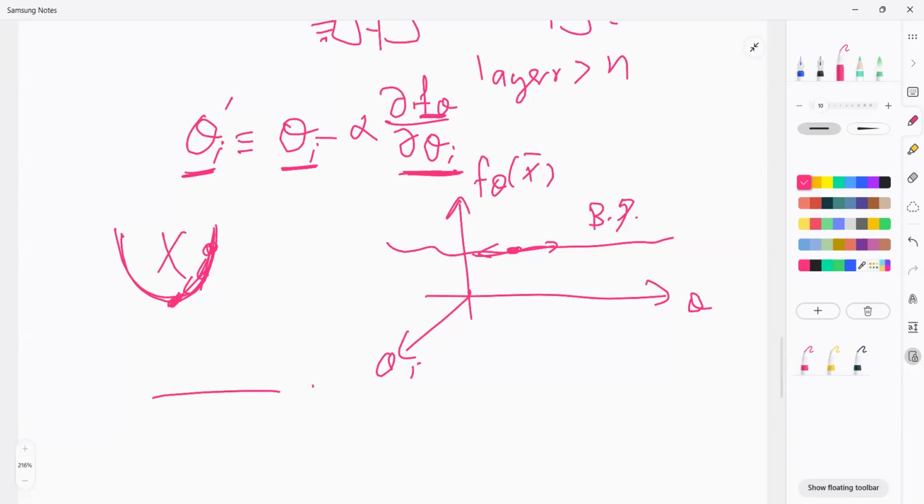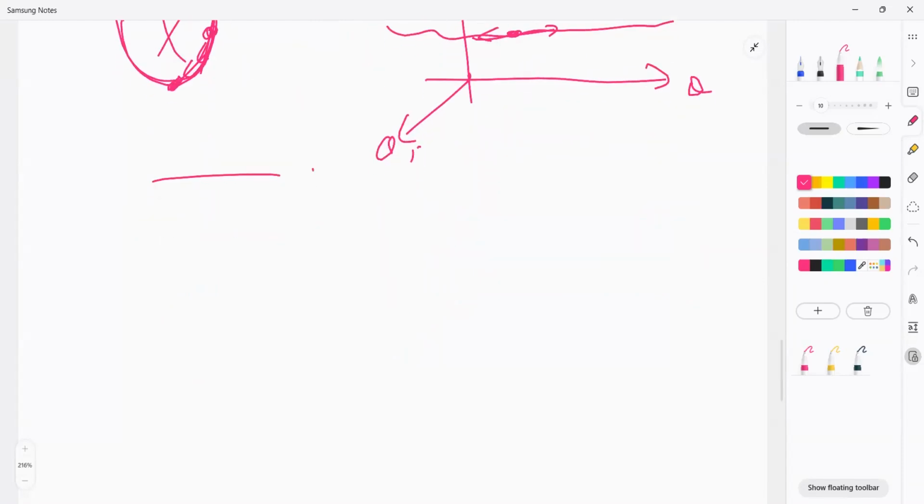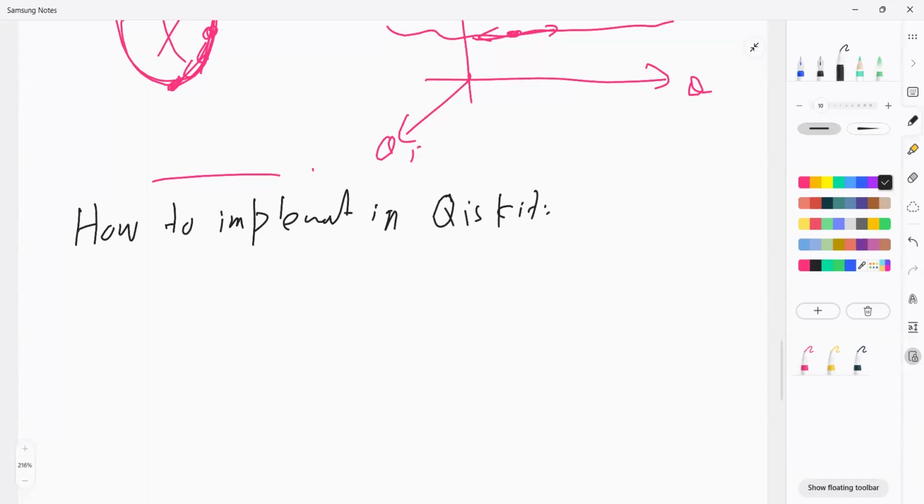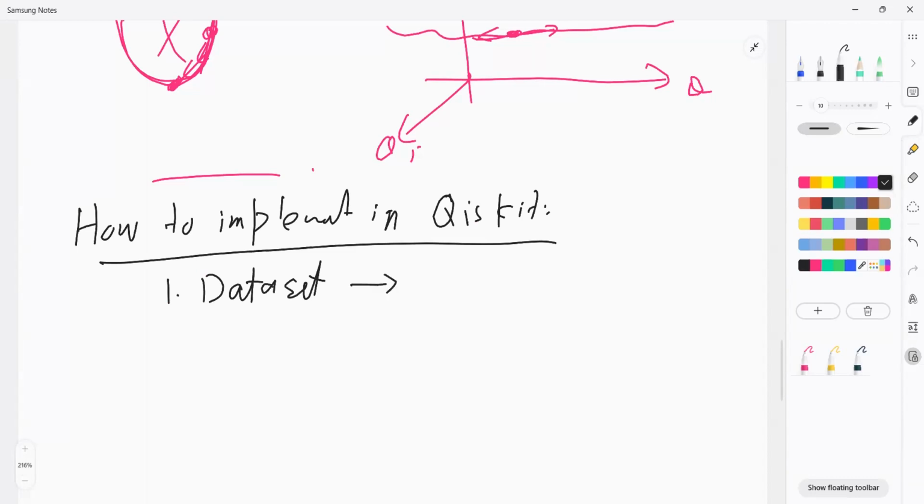All right, so let's now see the steps to implement this in code. How to implement it in Qiskit: you need to start from your data set, create or import some data set into your file, and remember to scale the data.